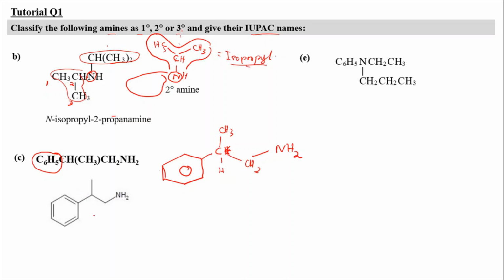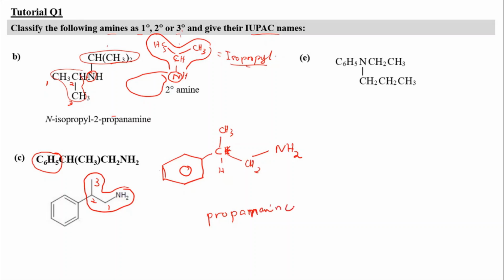The same thing, you have to find the longest carbon chain that is attached to the amine group. So I will get 1, 2, and 3 here, which refers to propanamine.